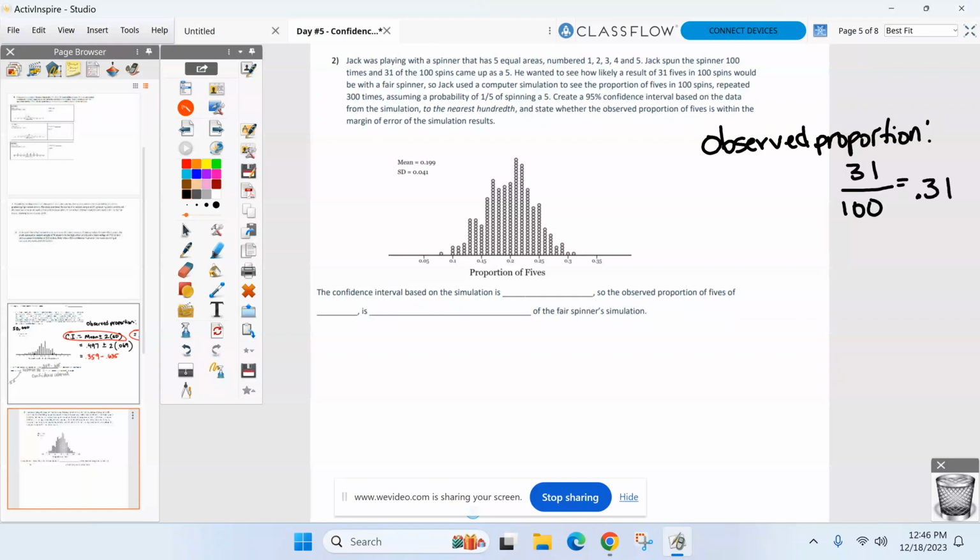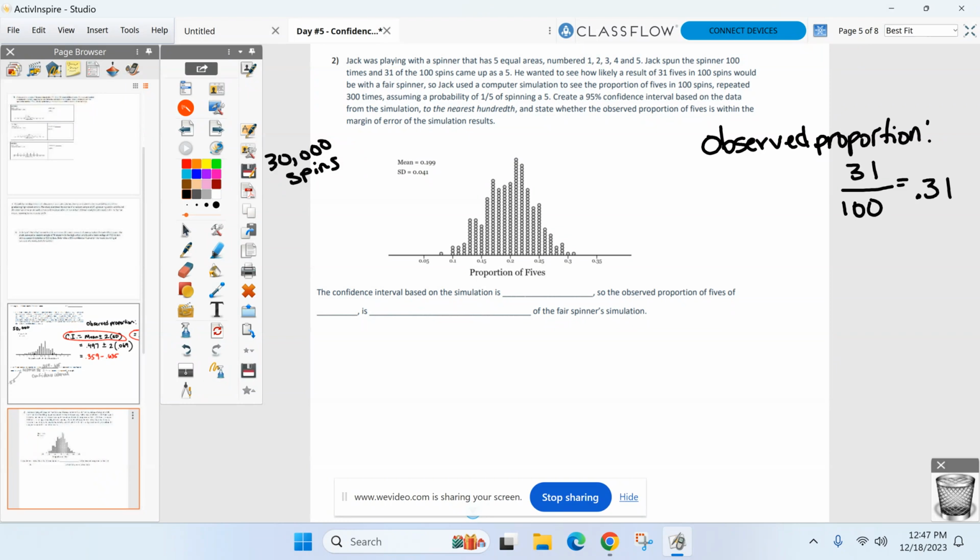And then he did a simulation, right? Because the more and more you do, the more confident we get in the actual results. 100 spins 300 times. So how many times did he spin that sucker? What do I have here? 30,000 times. All right, he spun that sucker 30,000 times. And I don't need you to know that. I just want you to realize how much we're doing here and how reliable it becomes the more we do.